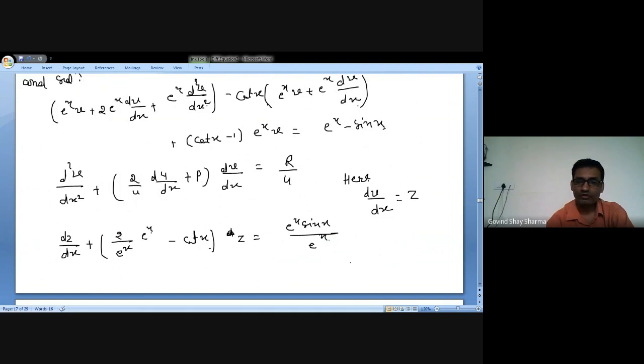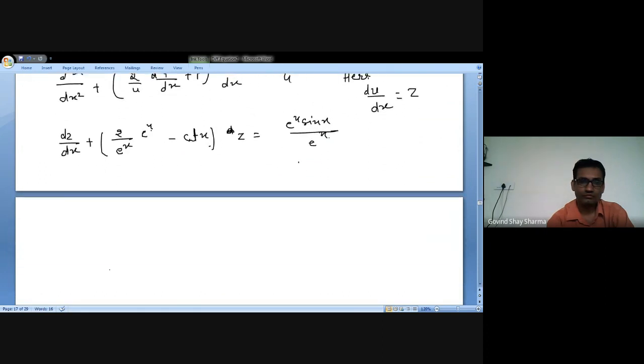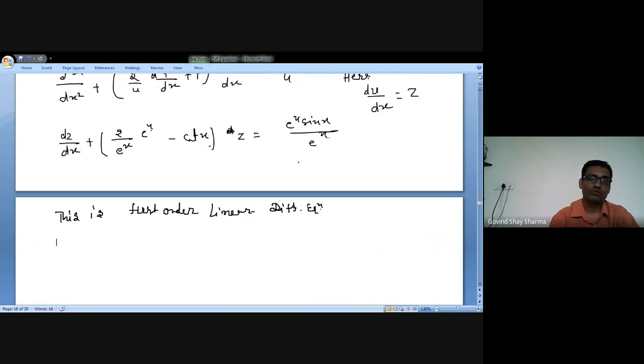Okay. Now this is a first order linear differential equation. So we have to find out IF and write the solution.